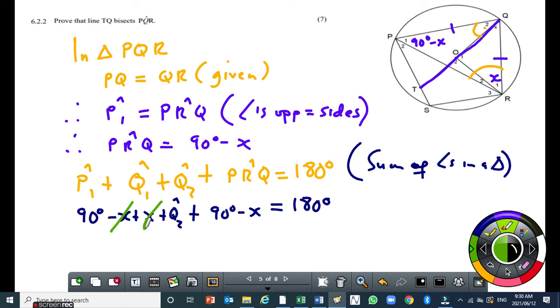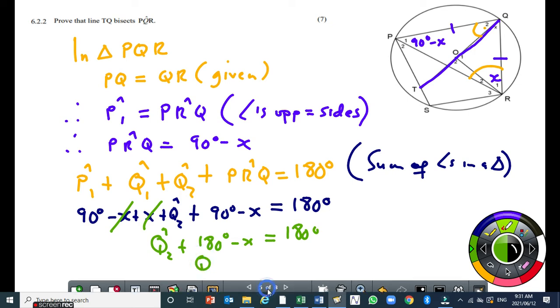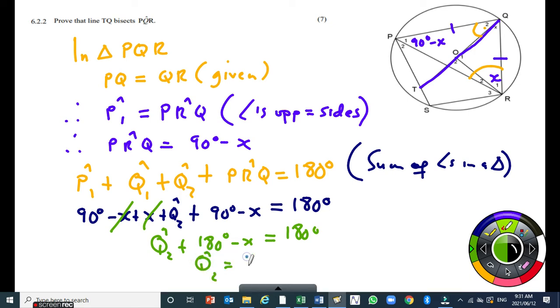Then 90 plus 90, so we end up having Q2 plus 180 degrees minus x is equal to 180 degrees. Then we take these two terms to the right. Then we end up having Q2 is equal to 180 degrees minus 180 degrees plus x. These two cancel out.